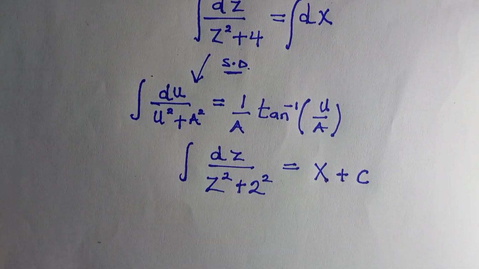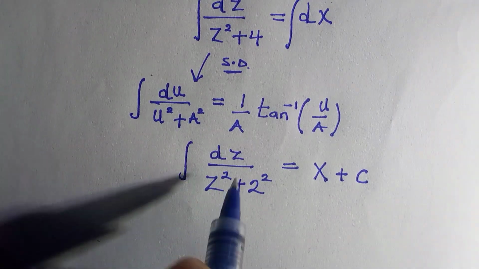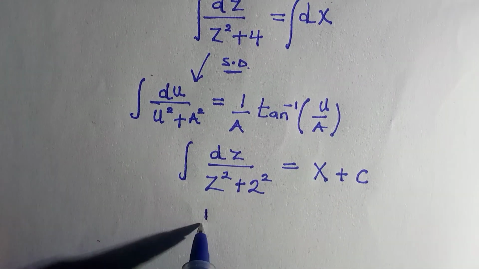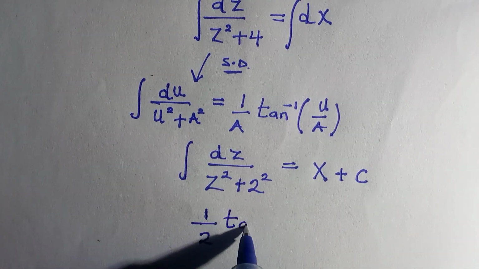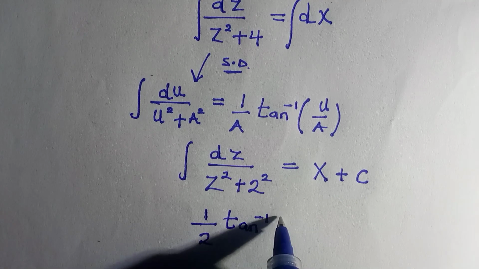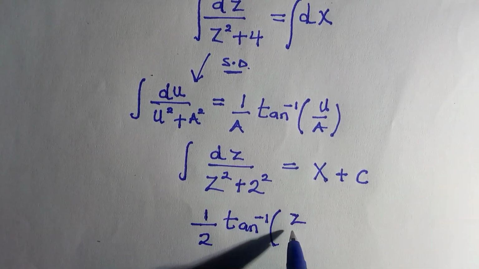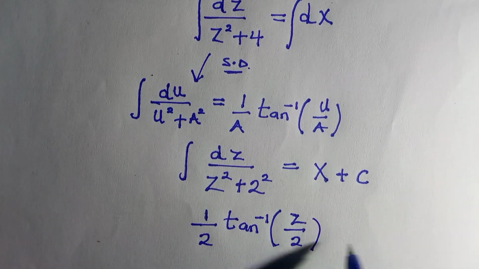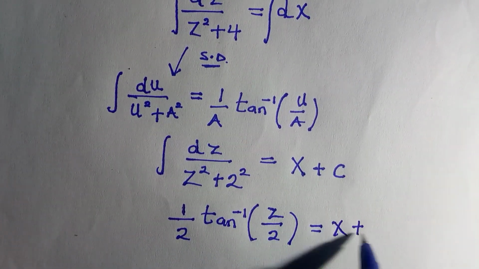And for this side, by applying the formula above, we are going to have 1 divided by 2, tan inverse of z divided by 2, everything equals x plus c.